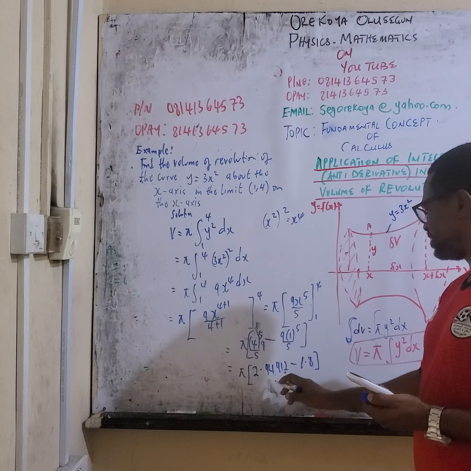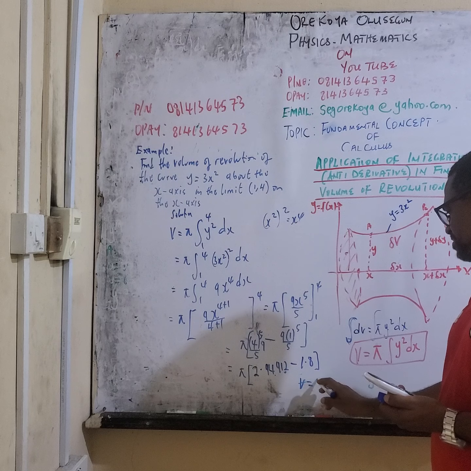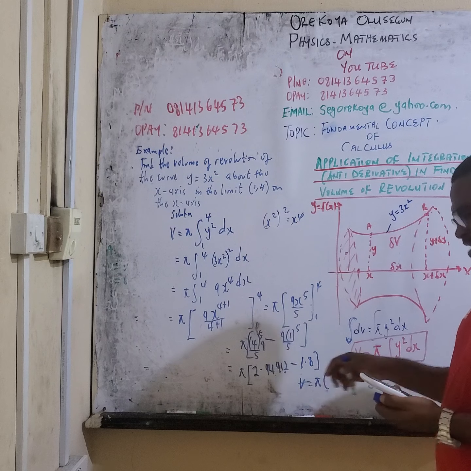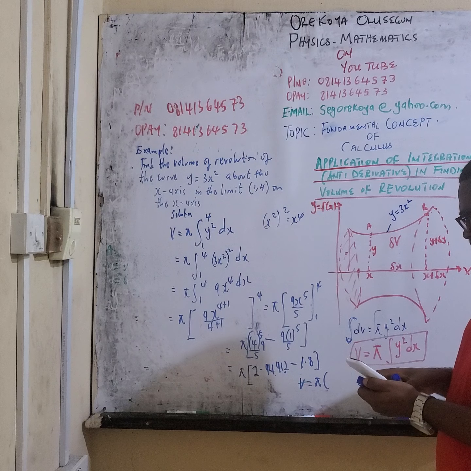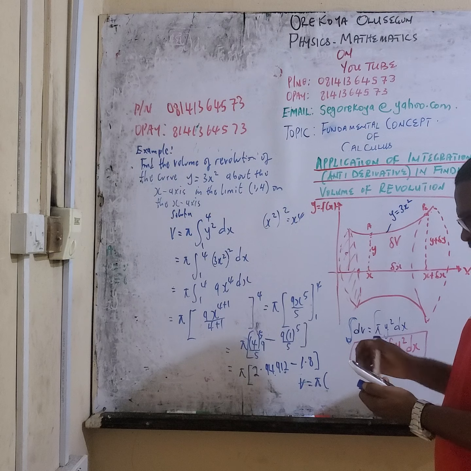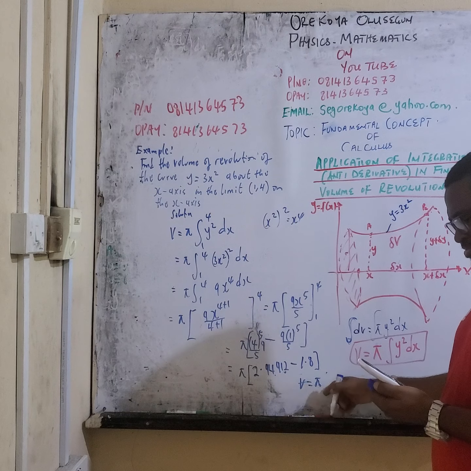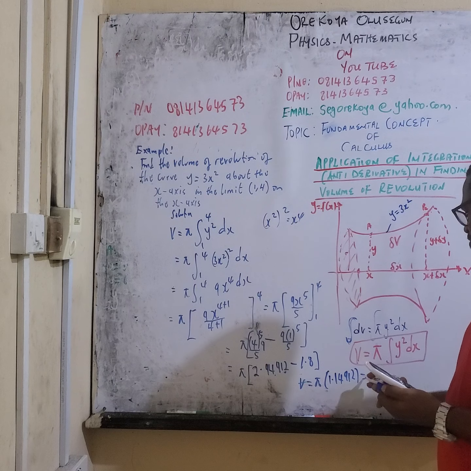So the volume of revolution now will be pi times, we have a subtraction, 1.14912, which can also be written as 1.14912 times pi.